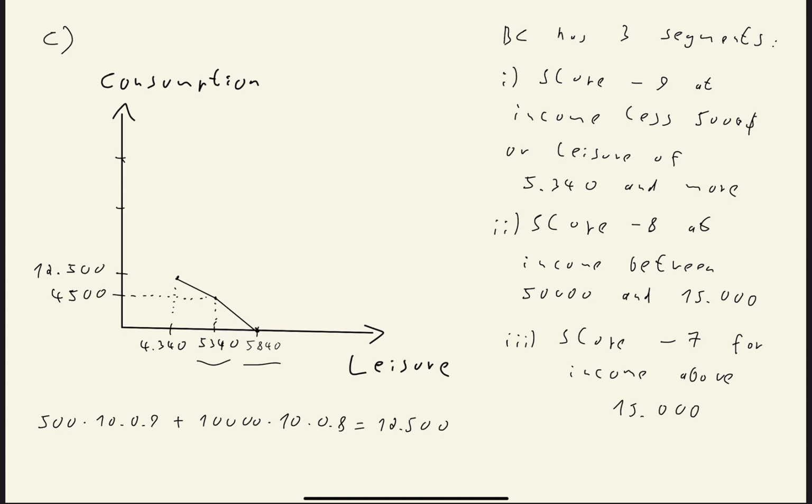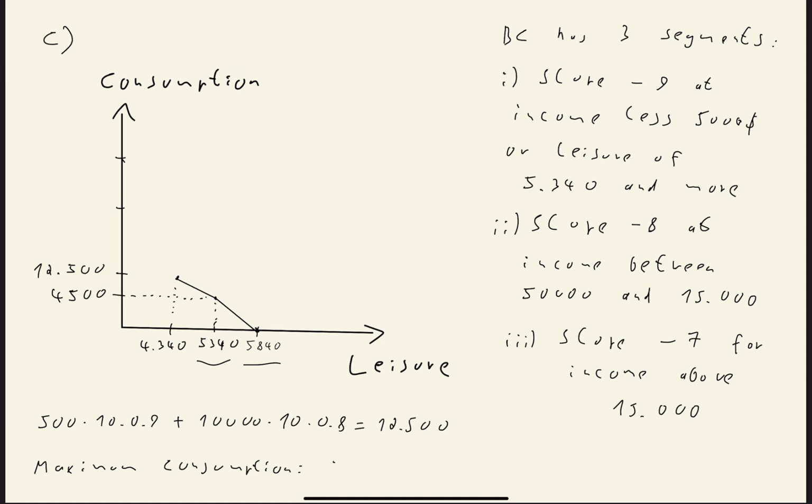Okay. Finally, the final interesting point is a point where we do not enjoy any leisure at all. So maximum consumption is the next interesting point. Maximum consumption is given by the following.